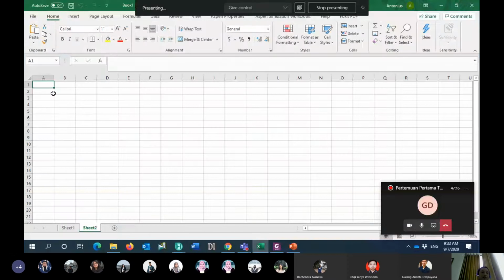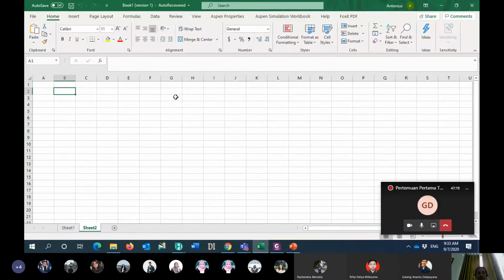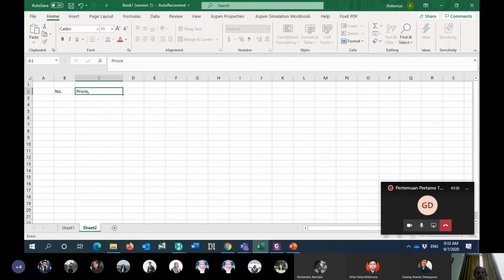Okay, I have an Excel here. I will make a table, where the B column is a number, and then C, I will call it the process equipment.